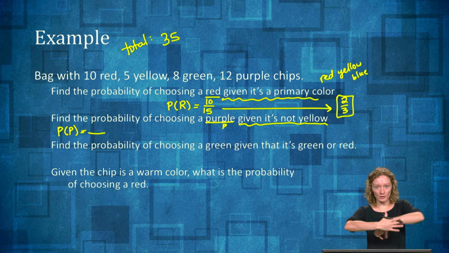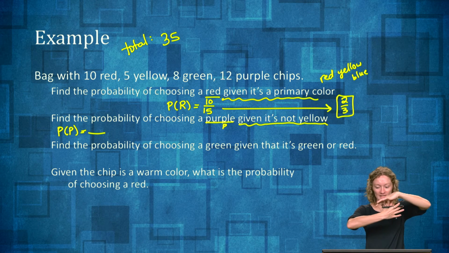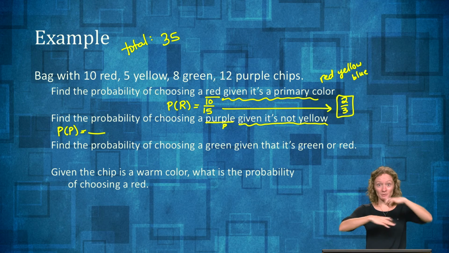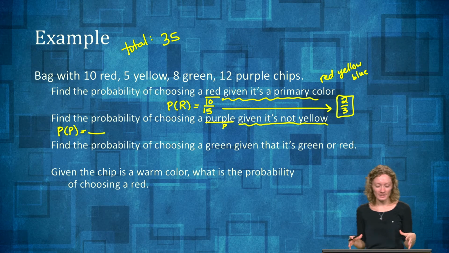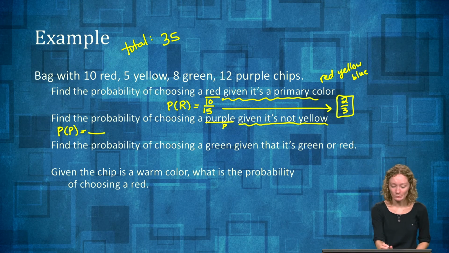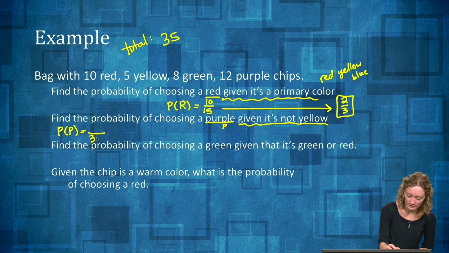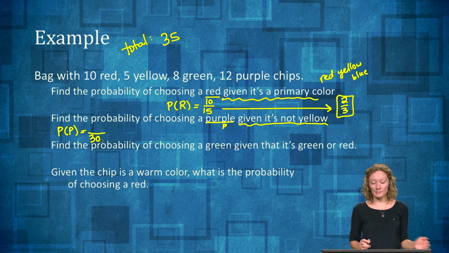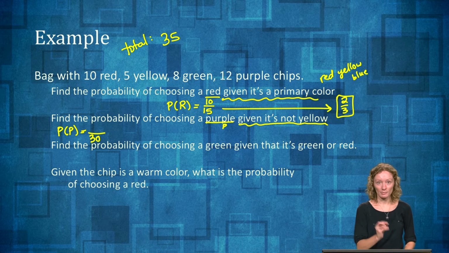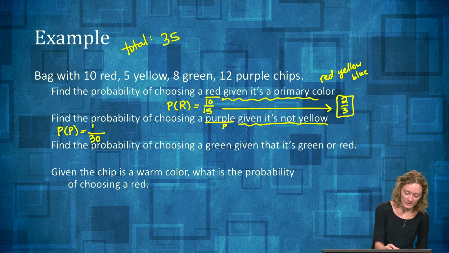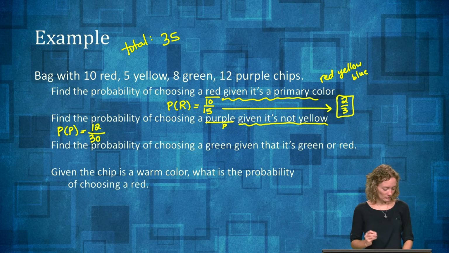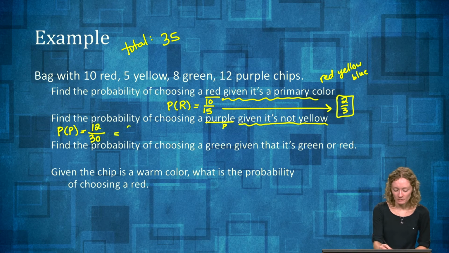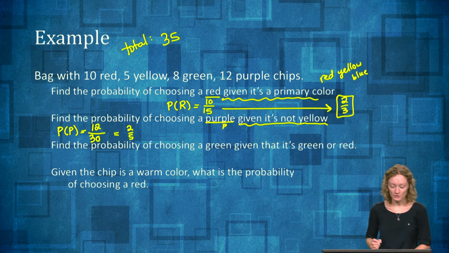You're hoping for purple, they pick the chip and then they say, well, it's not yellow, which means you're closer. You don't have all 35 to consider anymore. It's not yellow, so that's gone. There's only 30 left. Of the 30, how many meet your criteria of being purple? There are 12 in the bag. So 12 out of 30, which simplifies to 2/5.